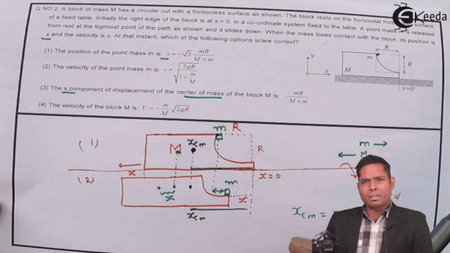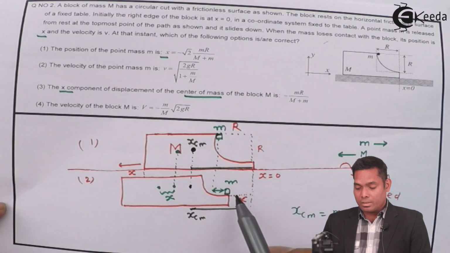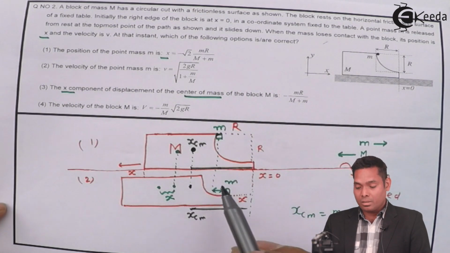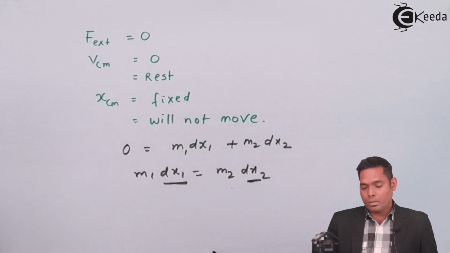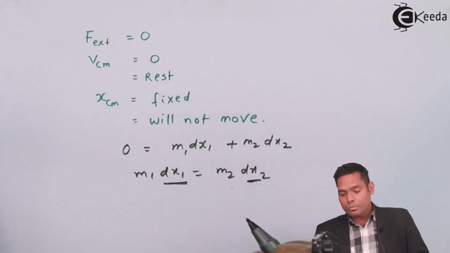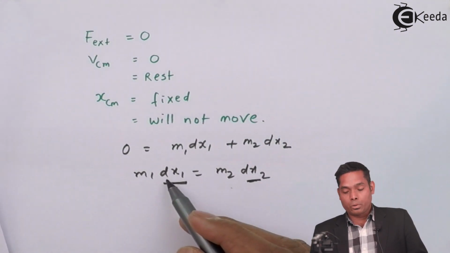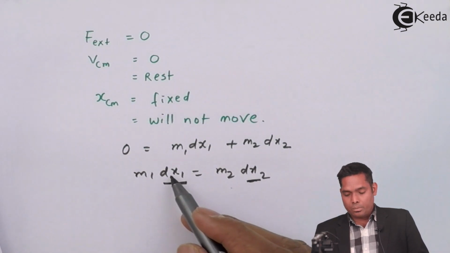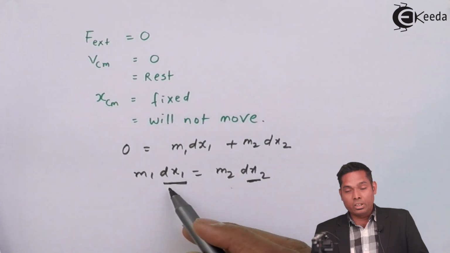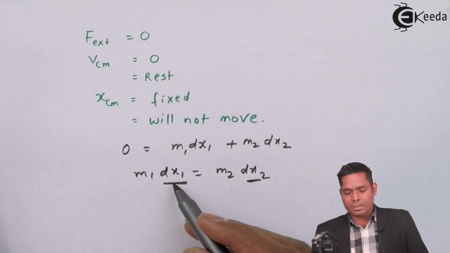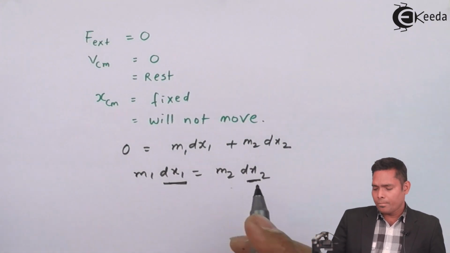So what is the displacement? The change in the positions of the first mass and the second mass. These are the changes in the position vector, the initial and the final position, the change in the displacement of this particle.